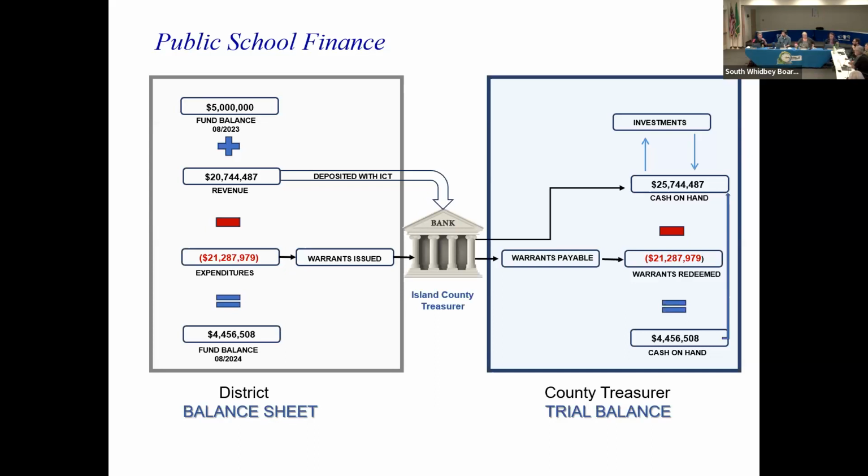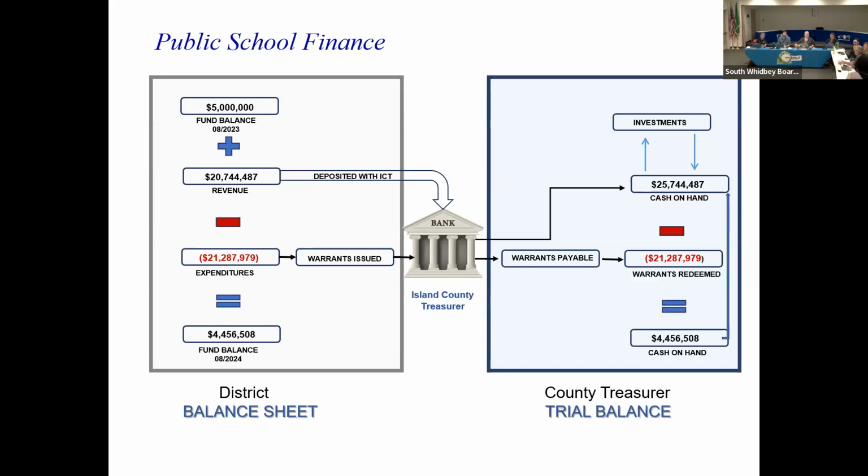And just a comment, if you look at the way schools do accounting and the way the treasurer does accounting, they look very, very different, but they process the same numbers. What it really is, the county treasurer is just processing the activity that we produce. They also report on an annual basis, where we're on a fiscal basis from September through August.